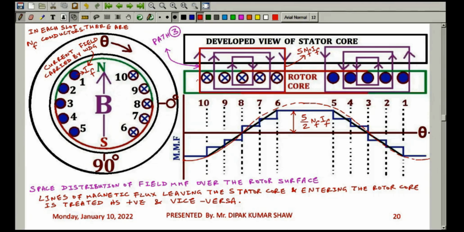So this is the M.M.F. What we are calling the fundamental component, this thing is the fundamental component.